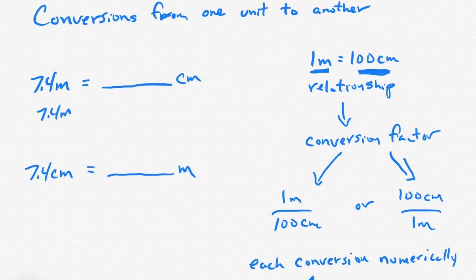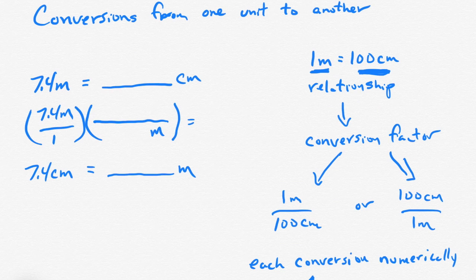So we need to worry about cancelation of units. Since meters are in the top of this value, we write it 7.4 over 1. So we have a numerator and a denominator. Meters has to go in the bottom, the denominator, of the conversion.